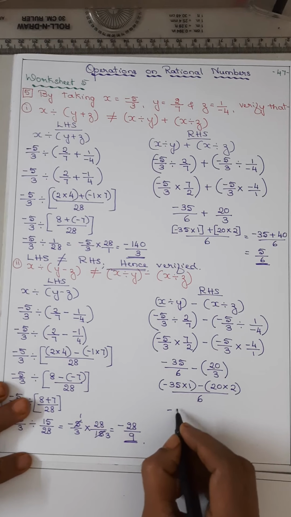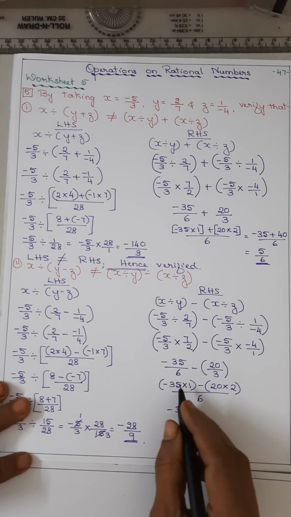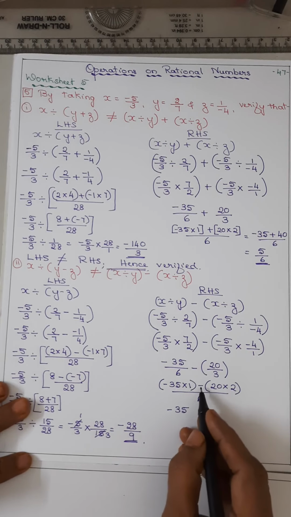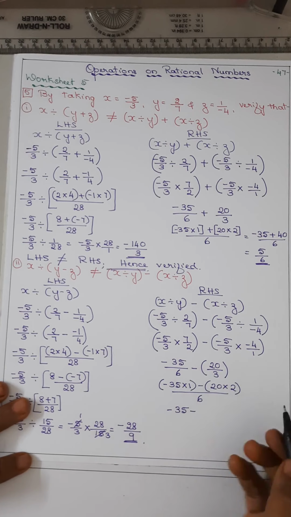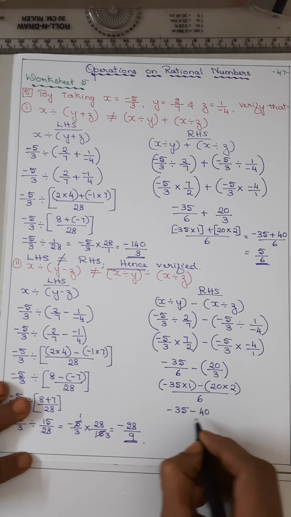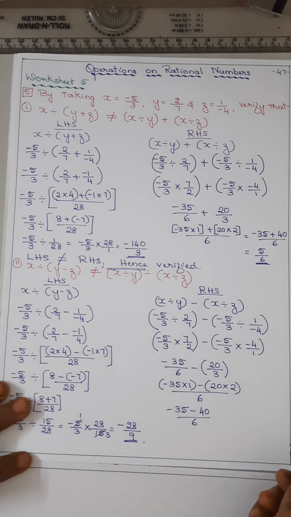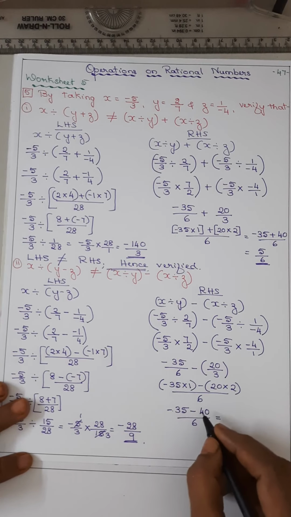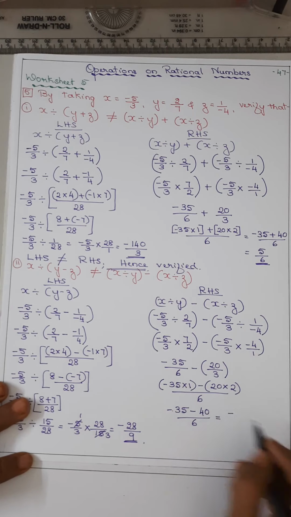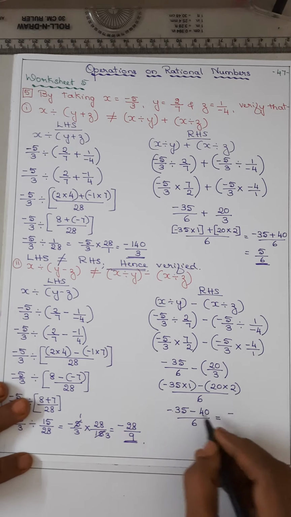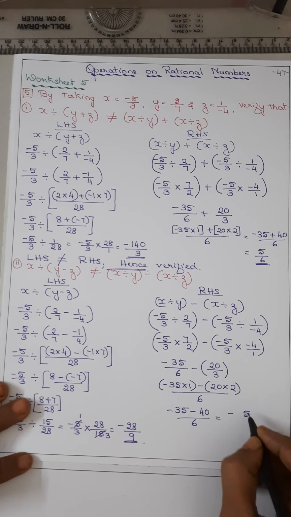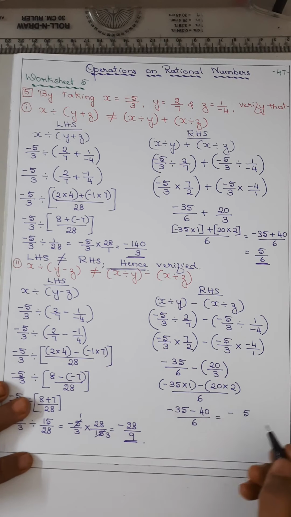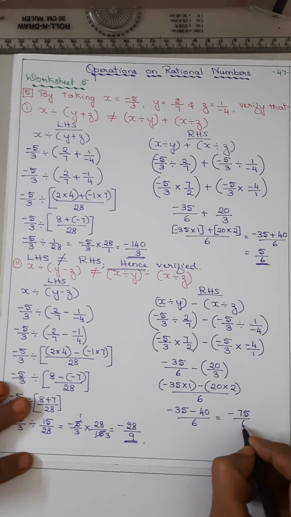Now minus 35 into 1 minus 35, minus 20 2s are 40 upon 6. So you got how much? It is a minus minus. Same sign, add, sign is minus. 5 plus 0, 5. 3 plus 4, 7 upon 6.